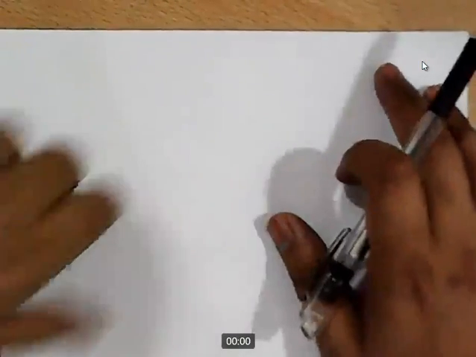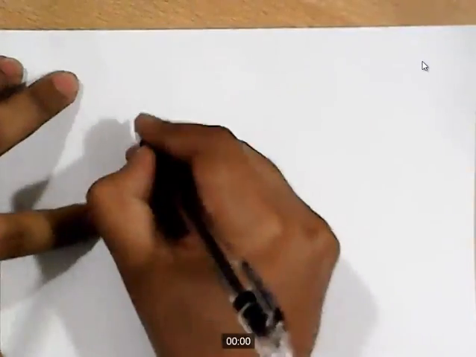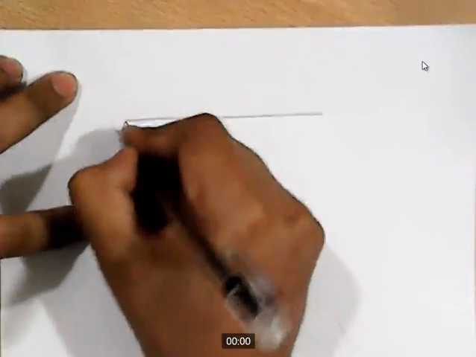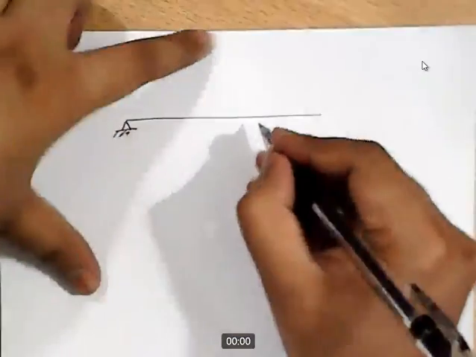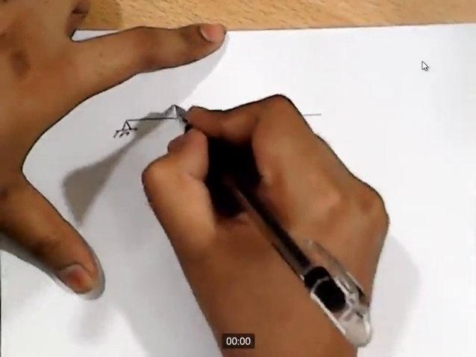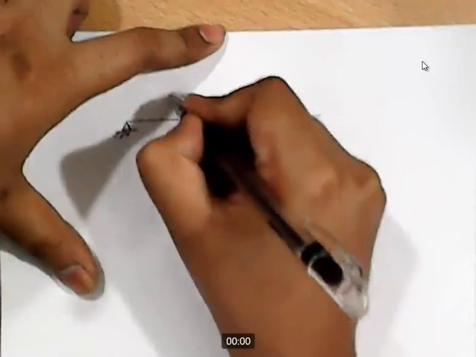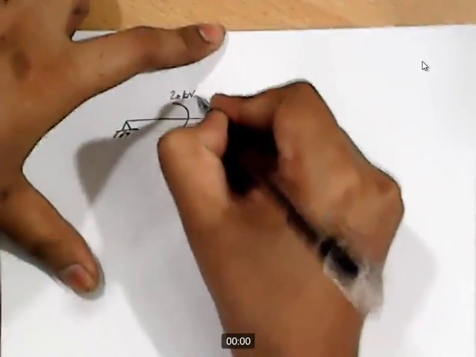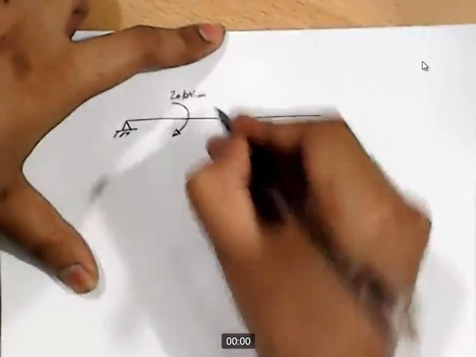Okay, to draw shear force diagram and bending moment diagram, we will draw the beam again. Here is the beam. 20 kilonewton meter.